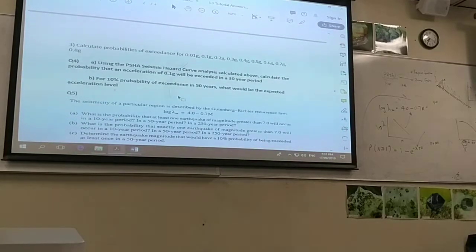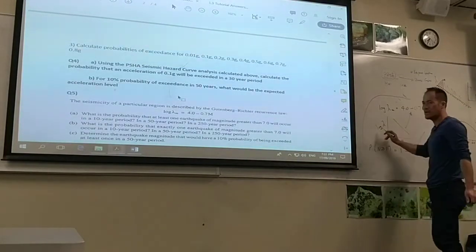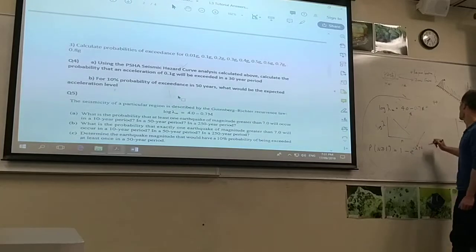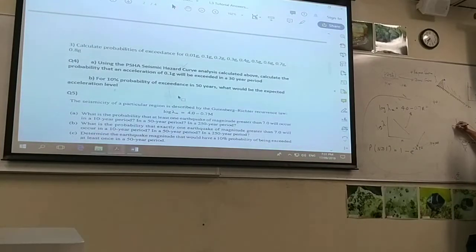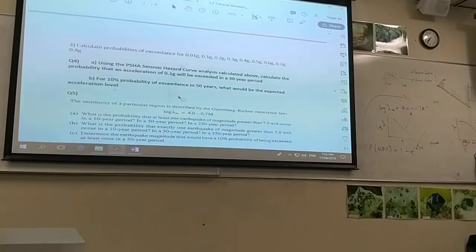Remember that this is exceedance probability, annual rate of exceedance, for magnitude. For the seismic hazard curve, what have you got on this axis? For the Gutenberg-Richter relationship, we've got magnitude. What have you got on the seismic hazard curve? Acceleration, peak horizontal acceleration.